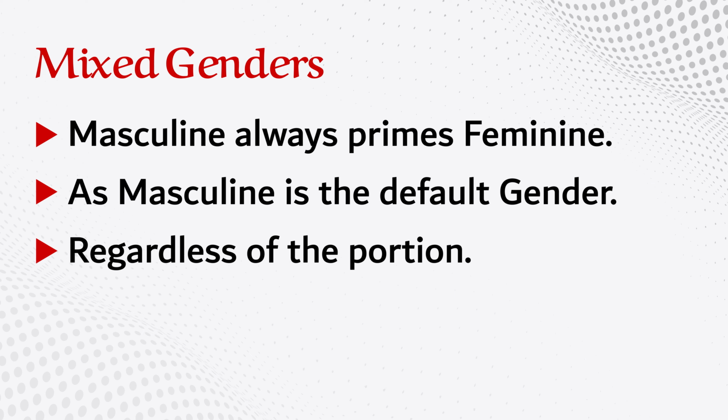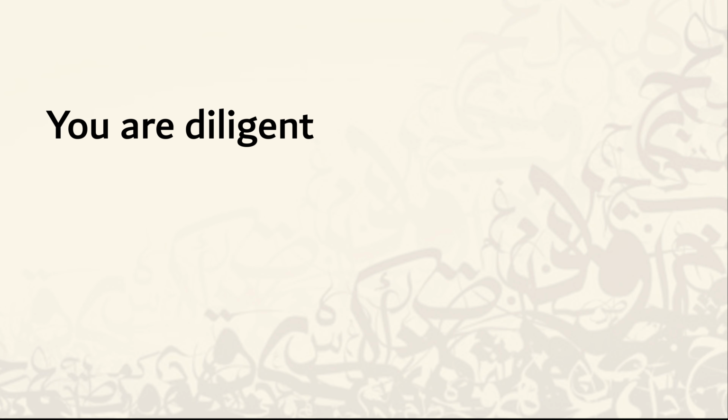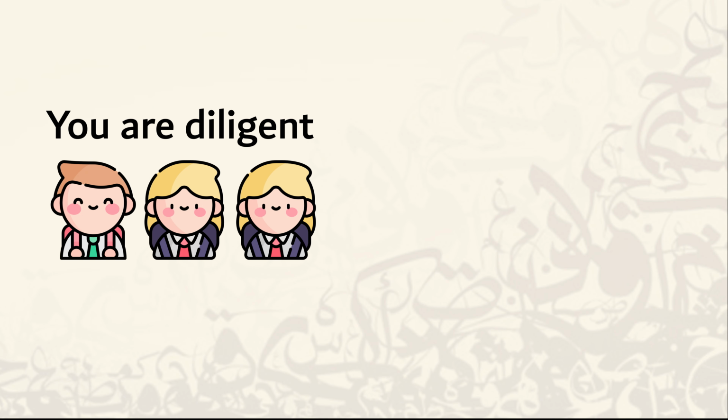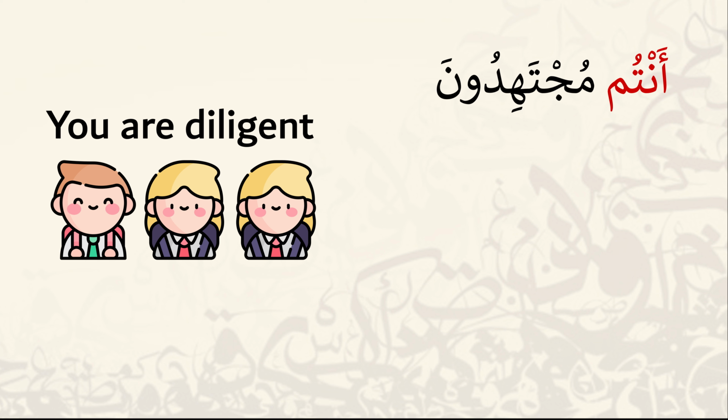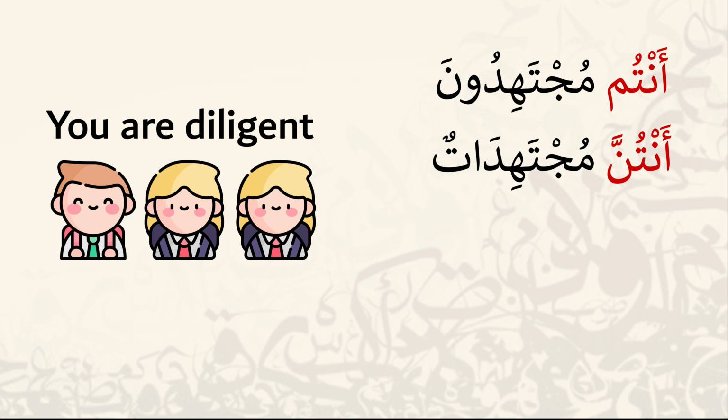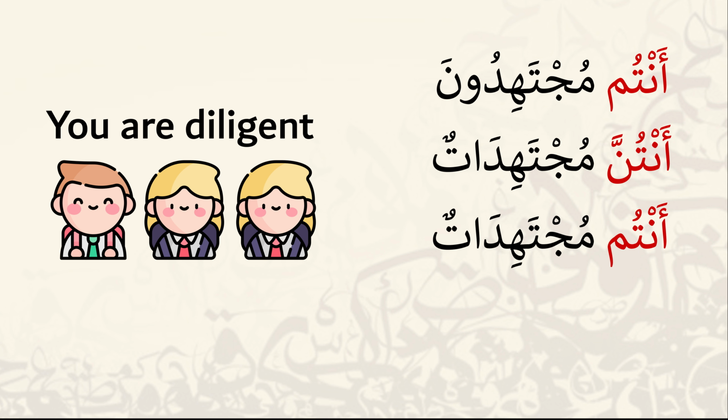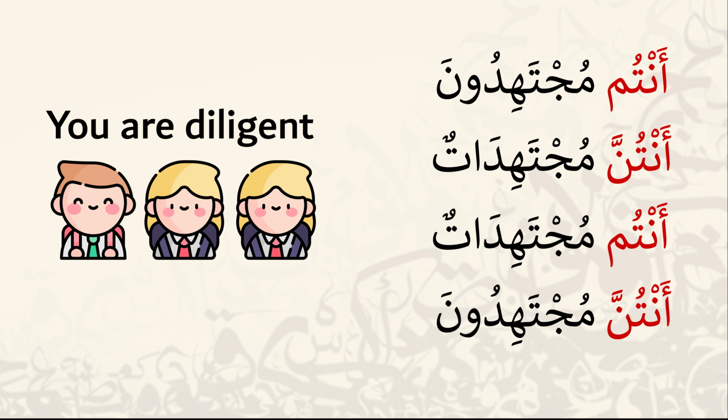Let's have this example. You are diligent. Here we have a group of mixed gender, both males and females. In Arabic, which translation for this sentence will be correct? أنتم مجتهدون, أنتن مجتهدات, أنتم مجتهدات, or أنتن مجتهدون.